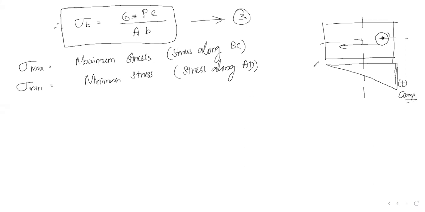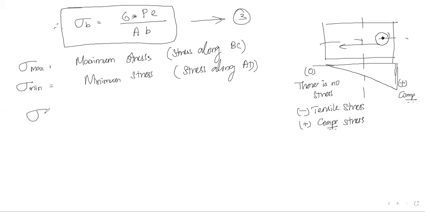And similarly here, if the value is 0, then there is no stress. And if it is negative, then the stress becomes tensile stress. And if it is positive, then it is compressive stress. So this is the way we have to assume, or we have to get the result.